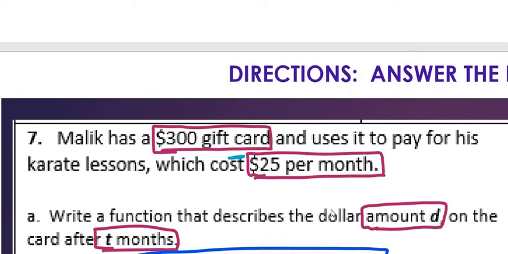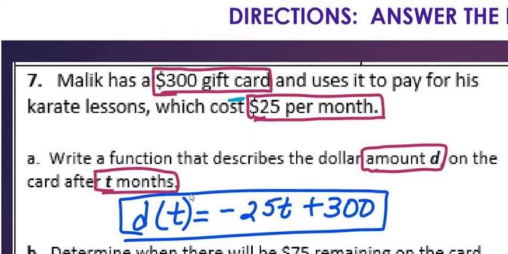So instead of f of x, it says to put D of T equals, and here's my negative 25 because this is the rate of change. This is how much money we are spending per month for our karate lessons. So I have negative 25T plus 300.